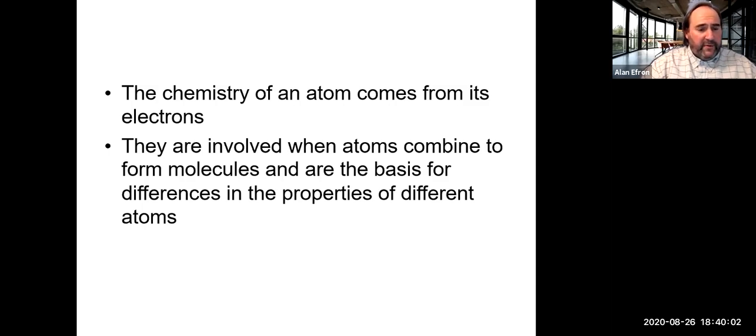If we think about the model of the atom that we've just been talking about, on the outside of the atom, flying around, are our electrons. That would make sense: when one atom comes together with another atom, the electrons are really the first ones to come together and say hello to each other, right? It's the basis of bonding, as we'll talk about in later chapters. It's really what happens in chemical reactions. Electrons break apart their bonds, they make new bonds, and new stuff is formed.